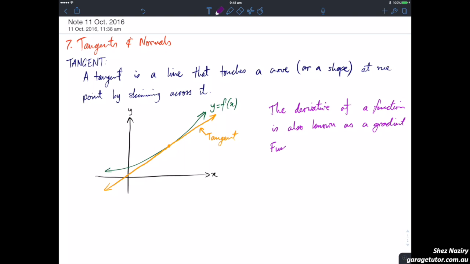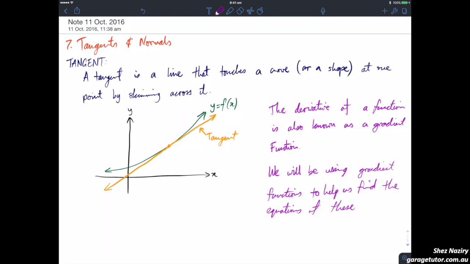So basically with that, we will be using gradient functions to help us find the gradients of tangents, and to help us find the equations of these tangents.